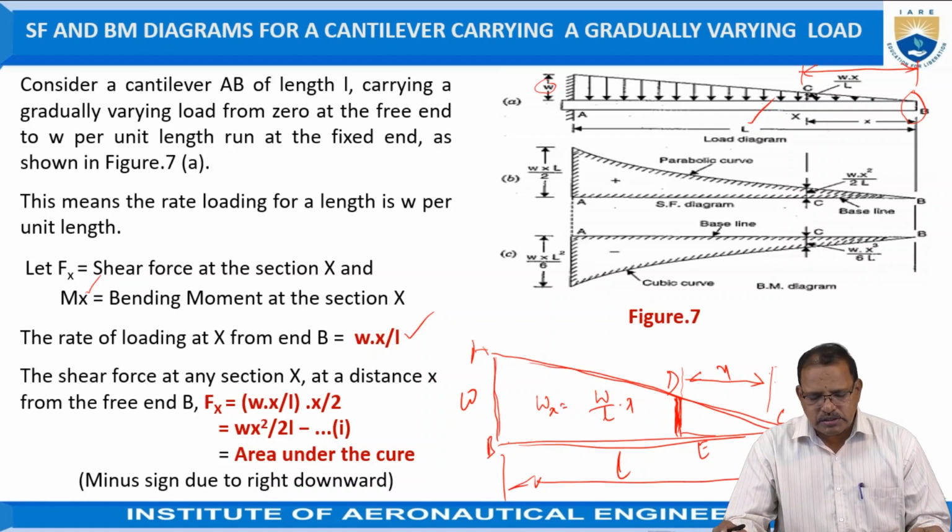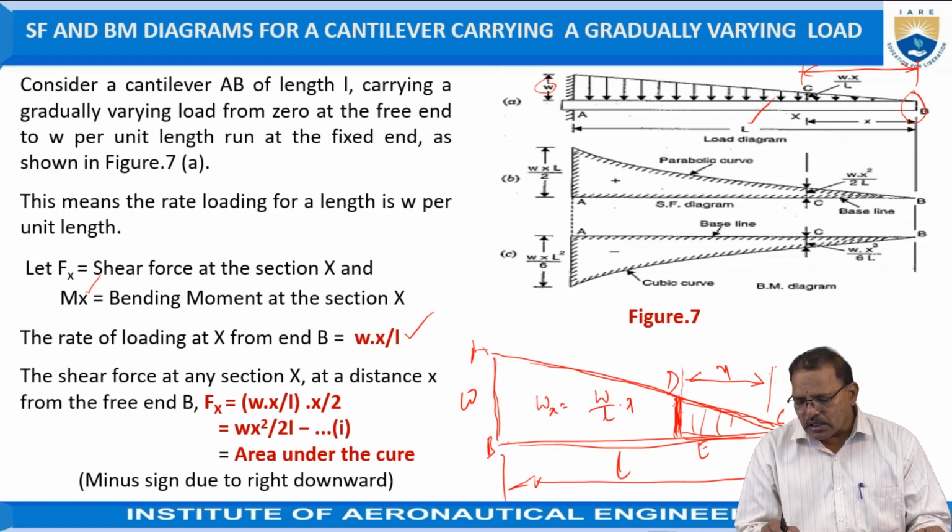The shear force at a section at a distance x from the free end B is, according to our definition, the unbalanced vertical force acting with respect to the given point. It may be toward the left side or the right side; here I am taking the right side.